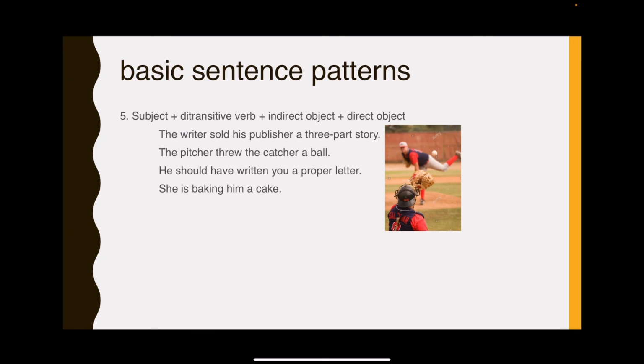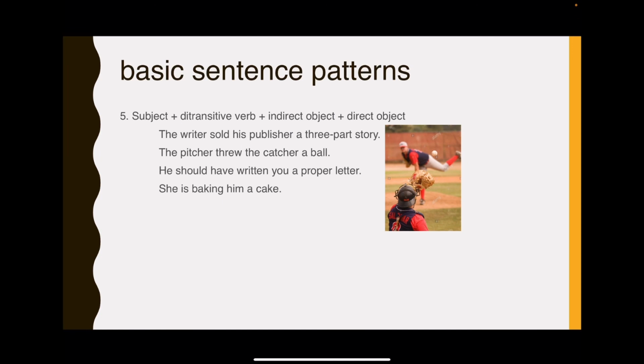Okay, he should have written you a proper letter. He is the subject, should have written is the ditransitive verb, you is the indirect object, and a proper letter is the direct object. And the last one, she is baking him a cake. She is the subject, is baking is the ditransitive verb, him is the indirect object, and a cake is the direct object.